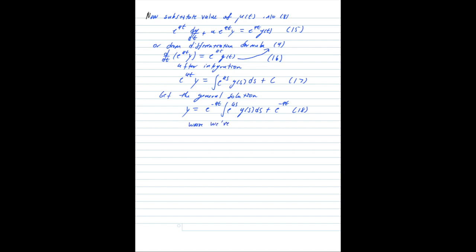And then to get the general solution, we have y equals e^(-at) multiplied by the integral of e^(as) multiplied by g(s) ds plus c e^(-at). And in equation 18, we've used the integration variable s to separate it apart from the independent variable t.